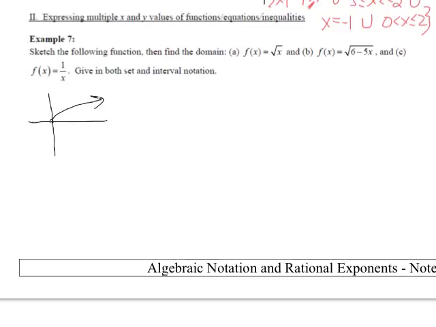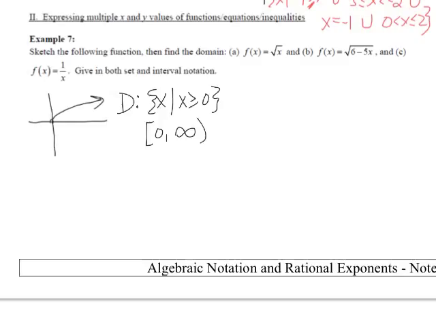And when we look at this for domain, we have x values only from 0 to infinity. So our domain is all x such that x is greater than or equal to 0. If we wrote that in interval notation, we're talking from 0 to infinity.